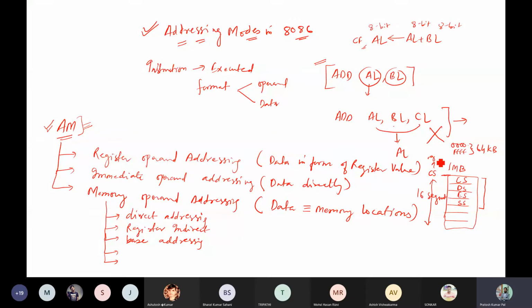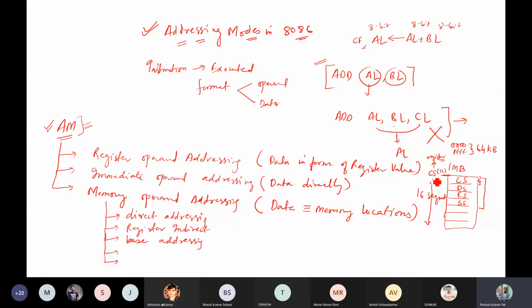This is the code segment, but its starting address is indicated by the code segment register. The register is 16-bit, but the code segment is a total of 64 KB of locations. The starting address of this code segment is stored in the code segment register.